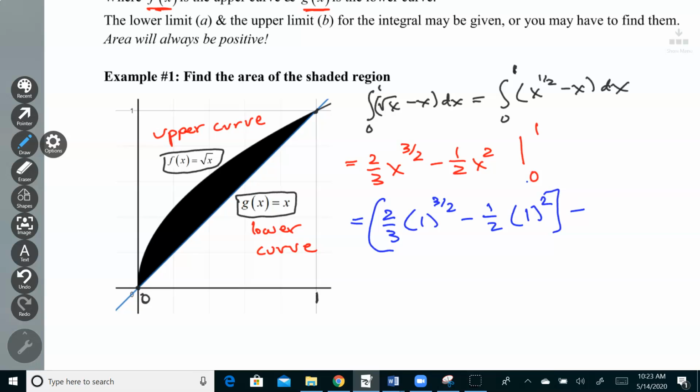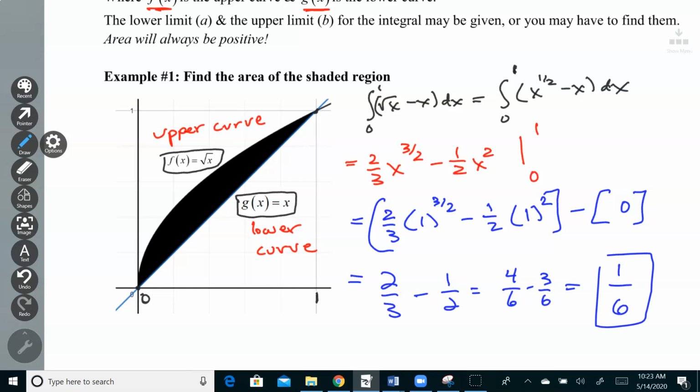All minus, oh, I love plugging in 0. That is just 0. When I plug it in, I get 2/3 minus 1/2, which is 4/6 minus 3/6. This little sliver, that little area, is equal to 1/6. Top curve minus, upper curve minus lower curve.